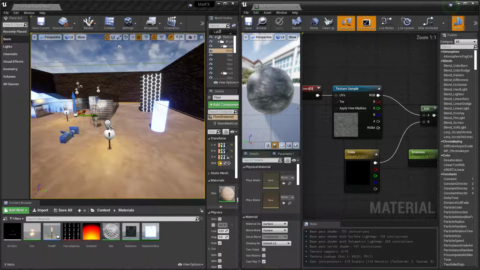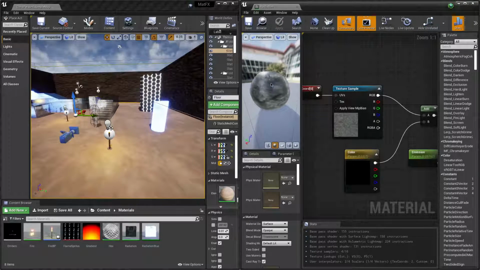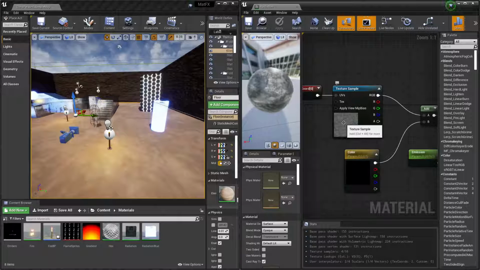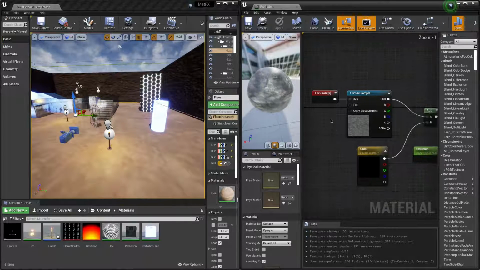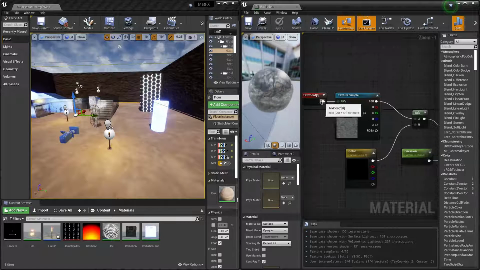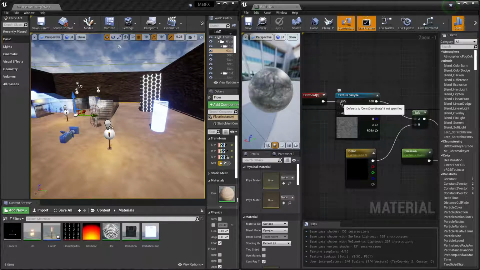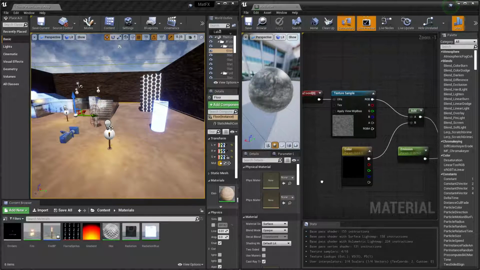But I'm not actually using pure black because I wanted to be able to get some kind of details. So I'm using a granite, I believe it's a basalt rock texture, and we're just getting the texture coordinate and sampling the UV coordinate of this texture.